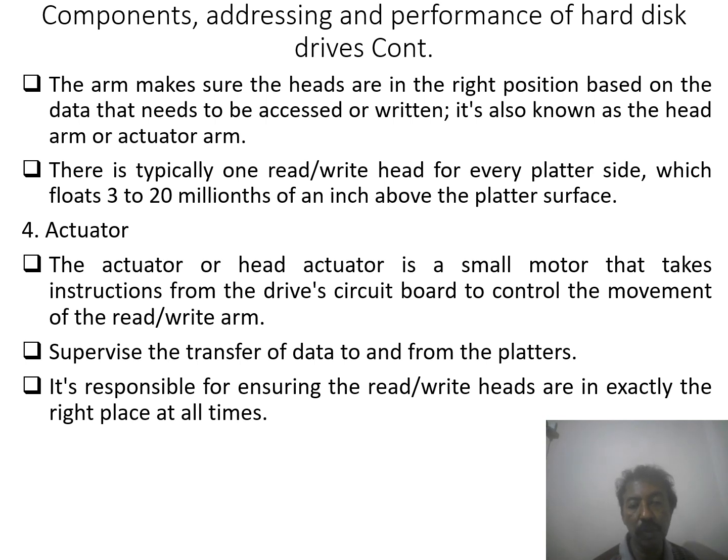It is also known as the head arm or actuator arm. There is typically one read-write head for each platter side, which floats 3 to 20 millionths of an inch above the platter surface.